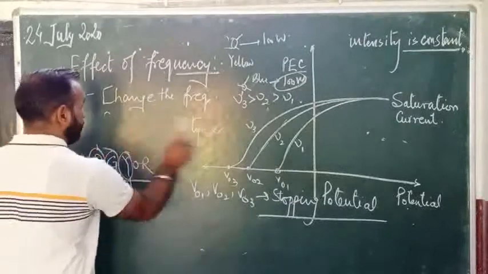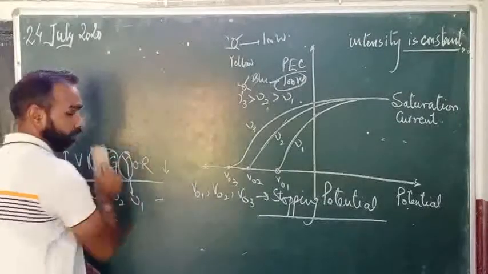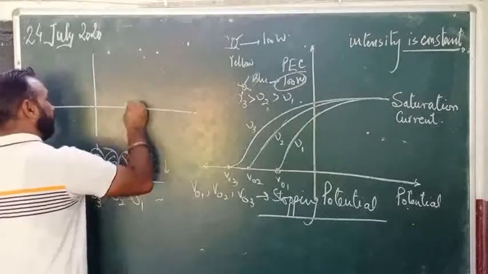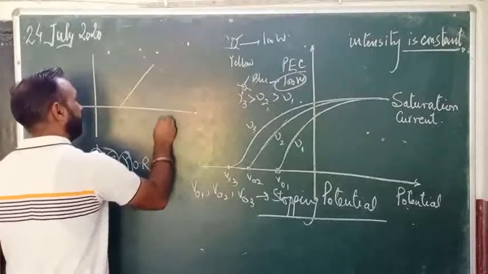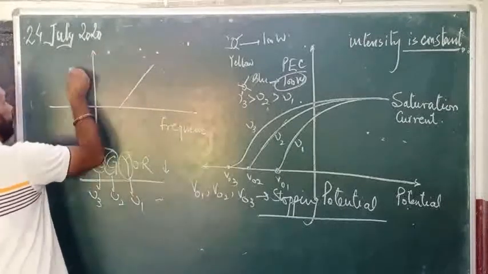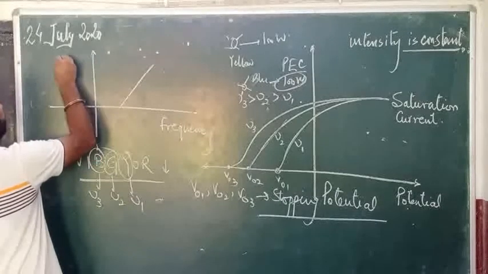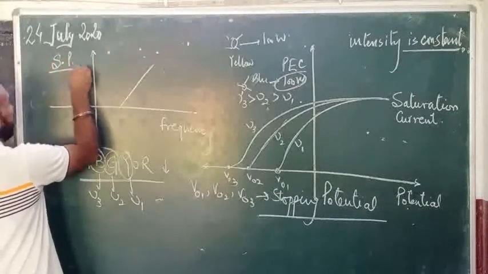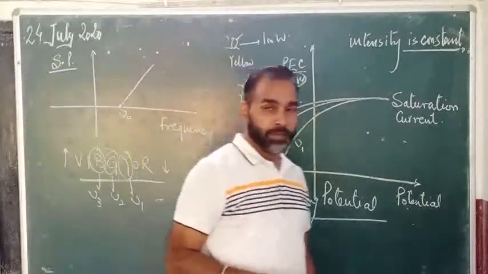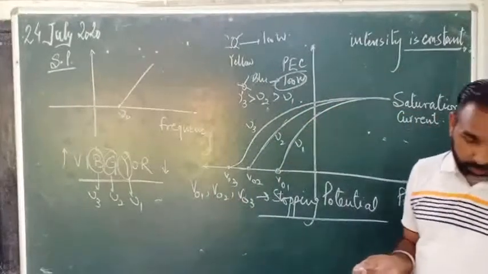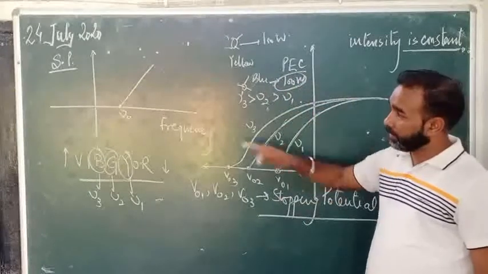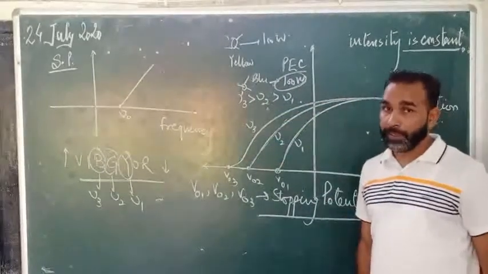So they concluded that if we draw the graph with respect to frequency and stopping potential, they vary linearly.